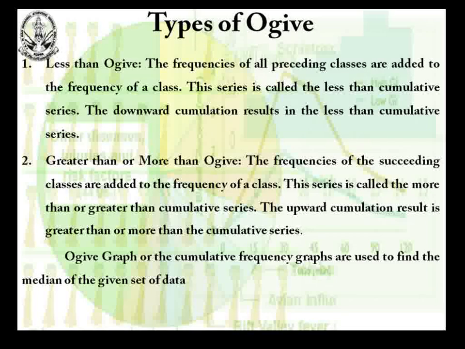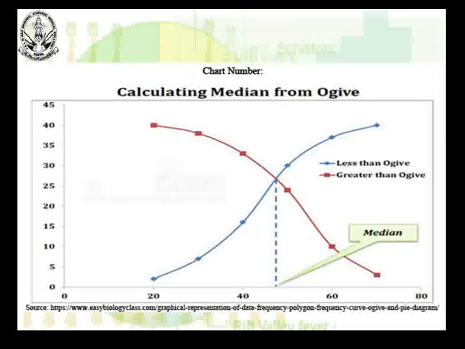Ogive graphs or cumulative frequency graphs are used to find the median of the given set of data. If both the less than and greater than cumulative frequency curves are drawn on the same graph, we can easily find the median value. The point at which both the curves intersect, corresponding to the x-axis, gives the median value.